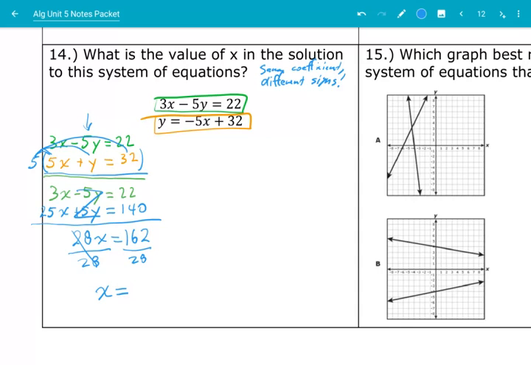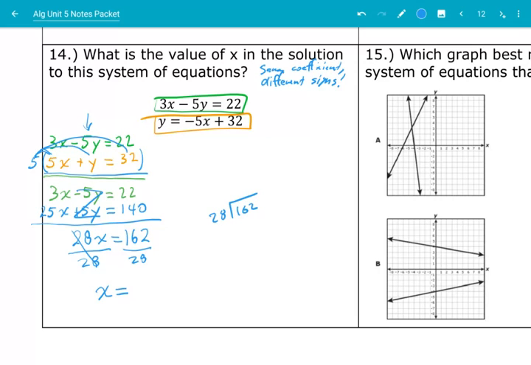I'm going to venture a guess and say 2, 3, 4, 5, 6, 7? 28 times 7 is, no? What times 8? 6? No. Here, let's find it. Look at me doing long division.